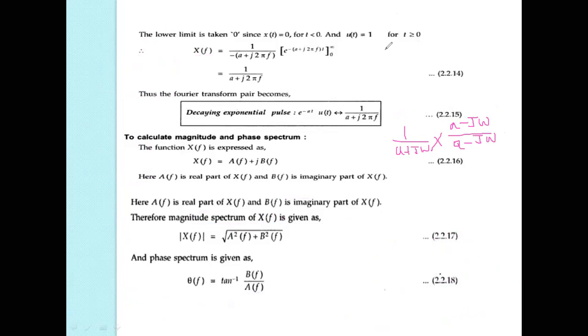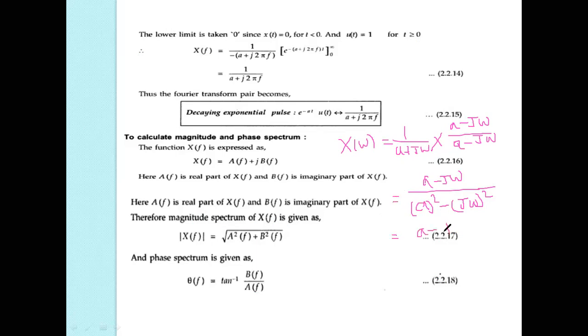So the numerator has a minus j omega. X of omega is equal to 1 by a plus j omega, rationalized with a minus j omega by a minus j omega, and the denominator is a square minus b square, a plus b into a minus b. What is j square? j square is equal to minus 1.